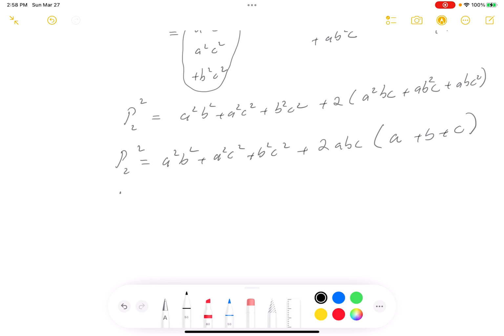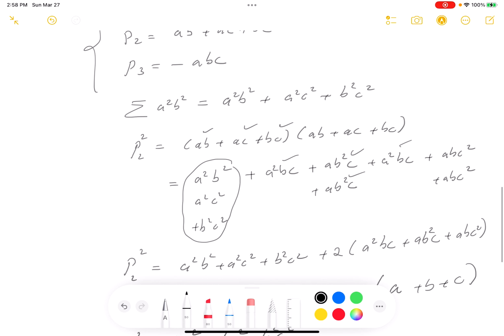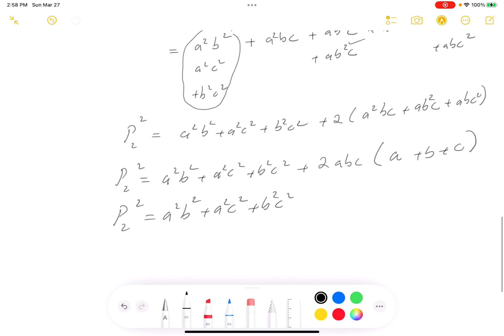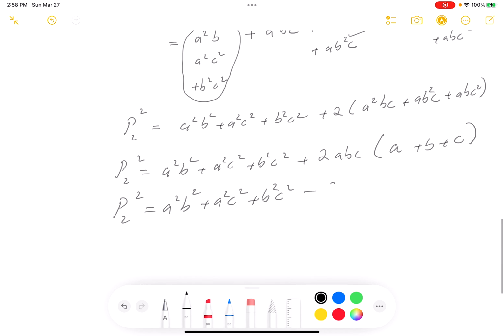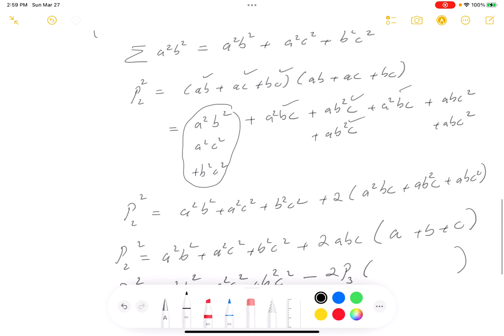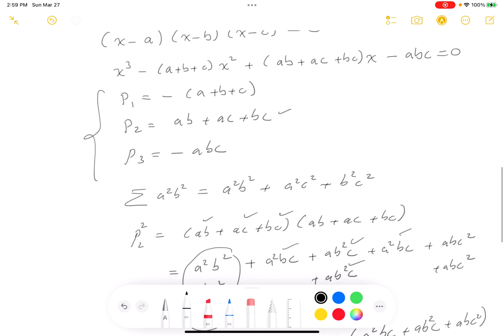And what's abc worth? Minus P3. So this is going to be minus 2 P3. What's a plus b plus c worth? Minus P1.